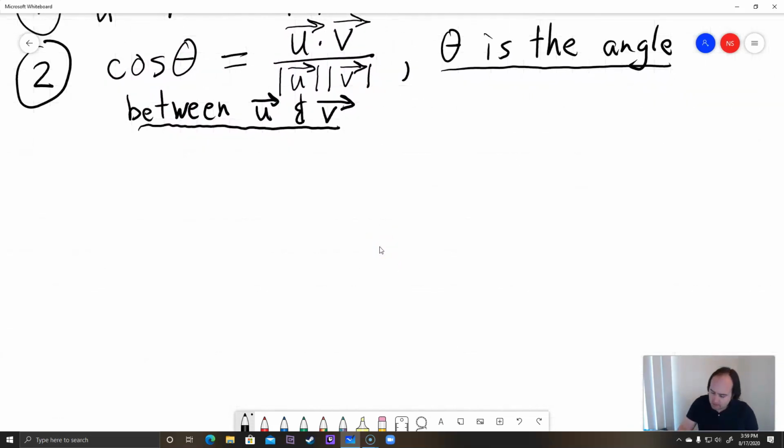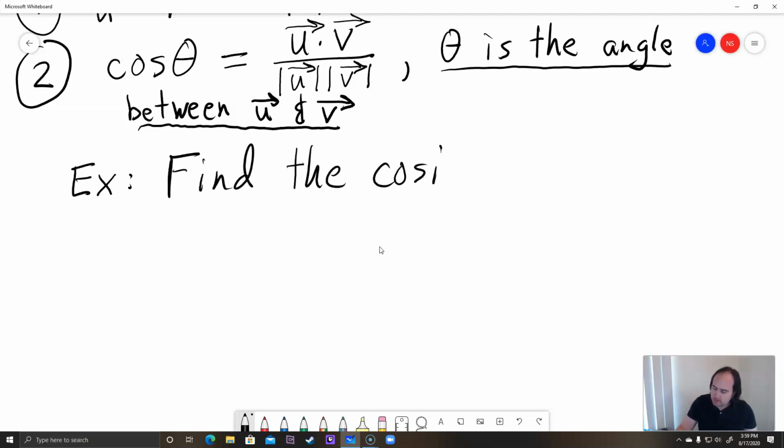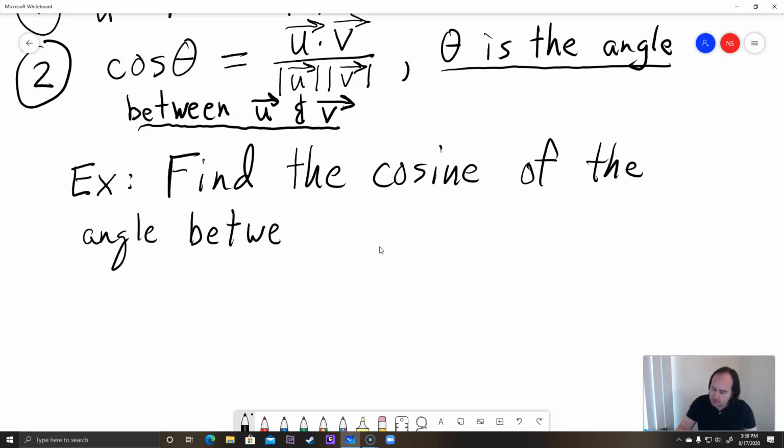Okay, so new example. Find the cosine of the angle between v and u.